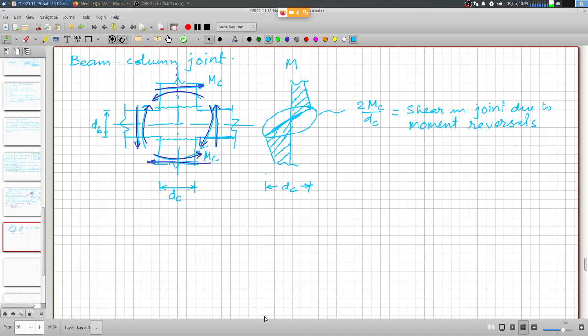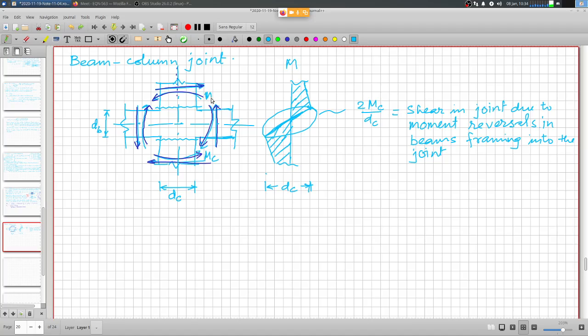Okay, so this is the moment reversals in beams framing into the joint. And if we compute the actual shear force, obviously there is a shear force here.